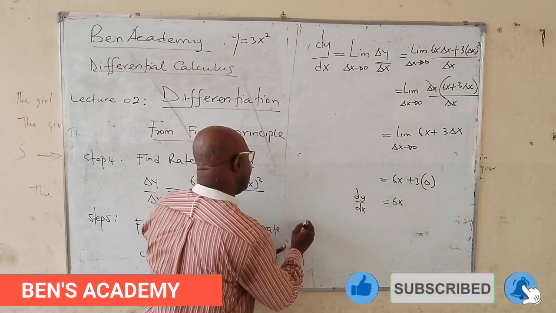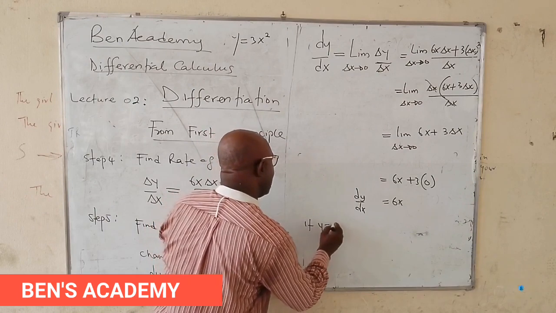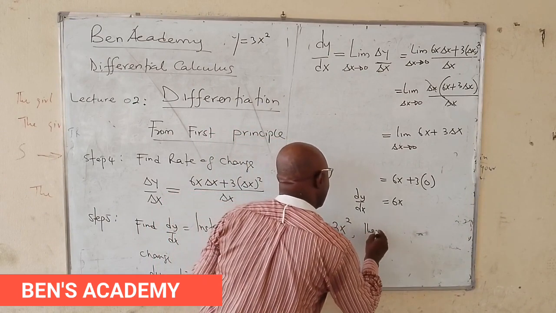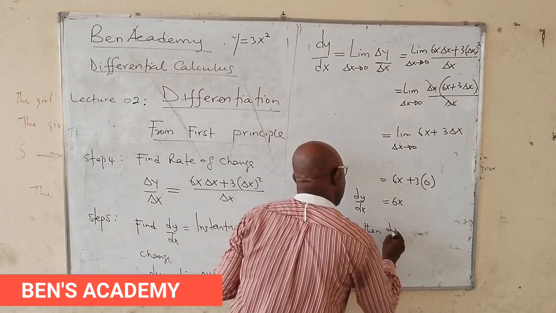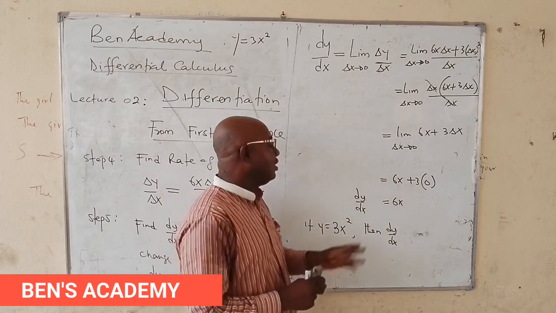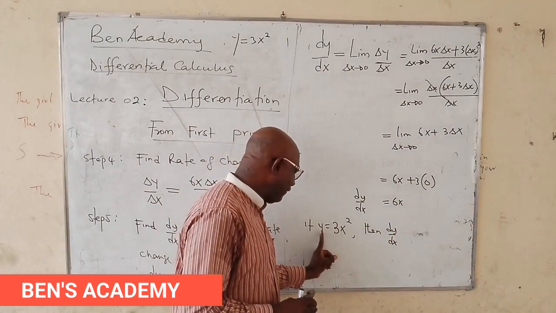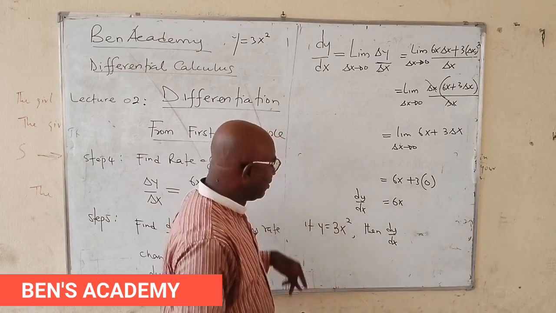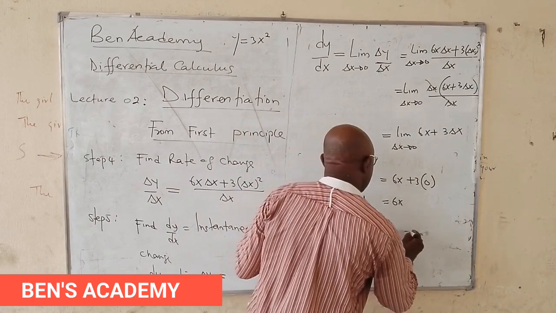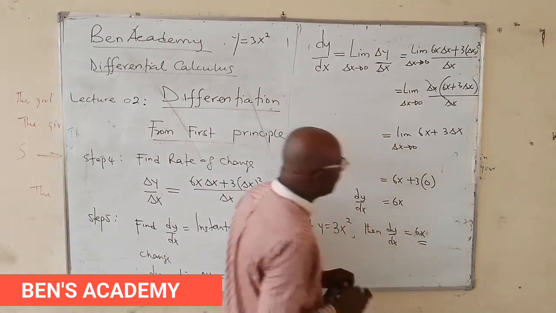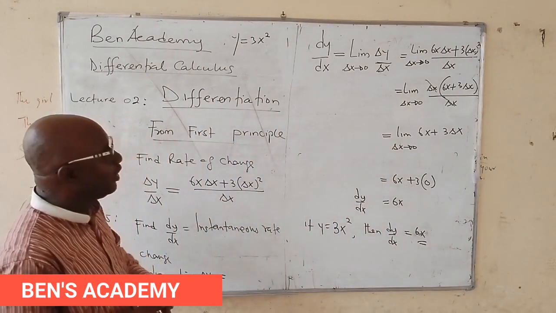If y is equal to 3x to the power 2, then dy dx, which measures the rate at which this particular function, which is 3x squared, is changing at any instant, is equal to 6x. And 6x becomes the instantaneous rate of change.